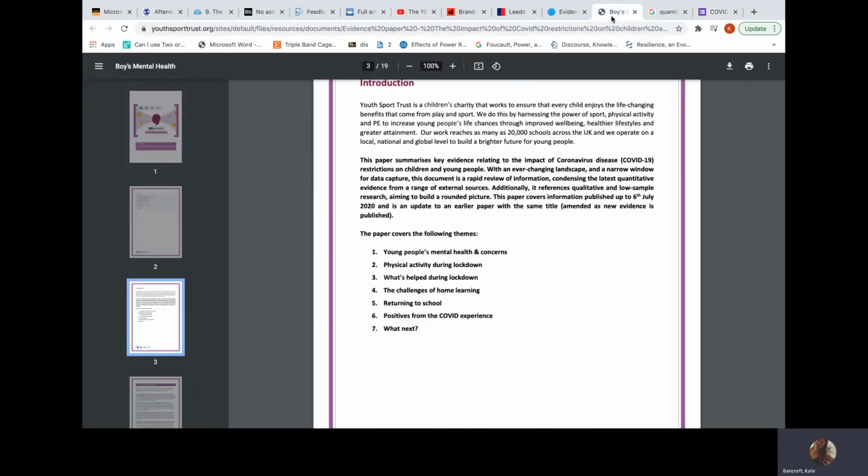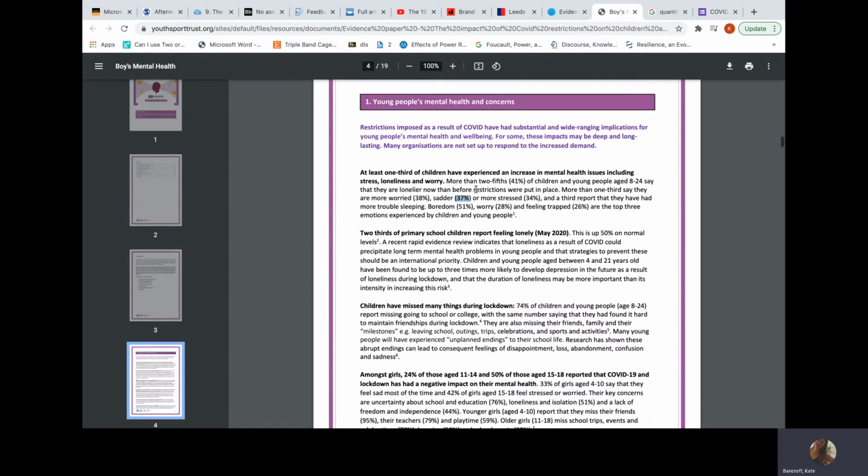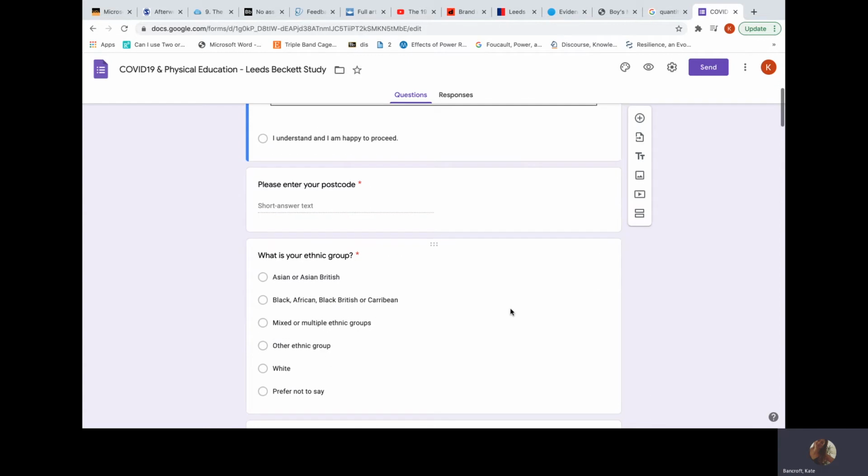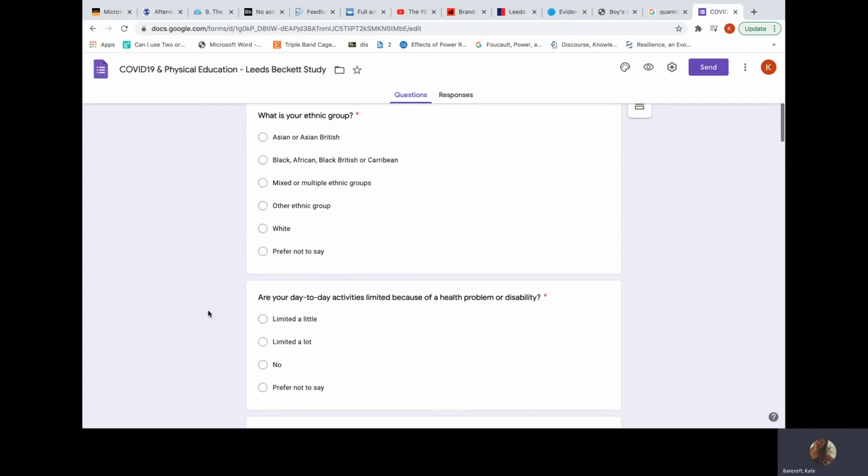So instead of grouping all children together as one big stereotypical umbrella term of children, we can make sure it's much more detailed and much more contextualized, and therefore much more accurate insights as a result of that. And we can look at different intersectional parts of their identity, like their socioeconomic status and their age, to try and get a more grounded response, and their ethnicity.